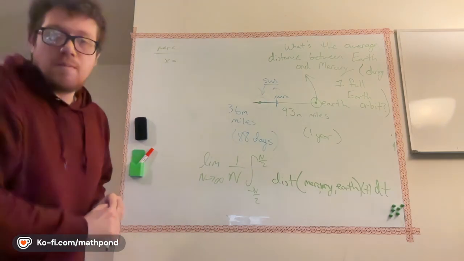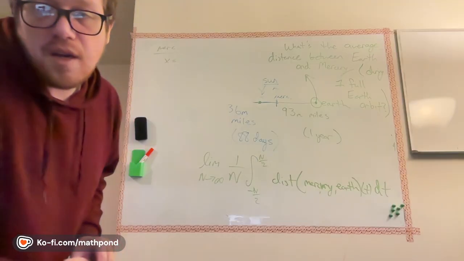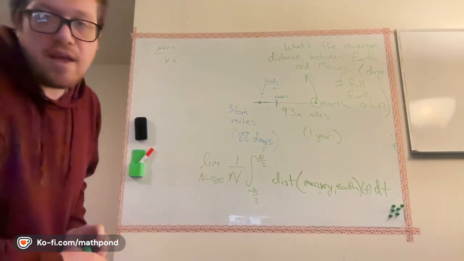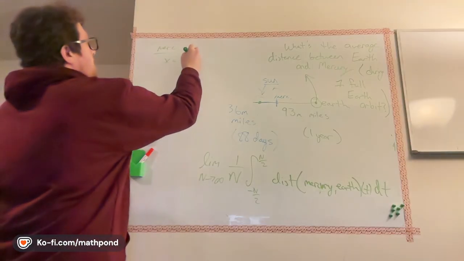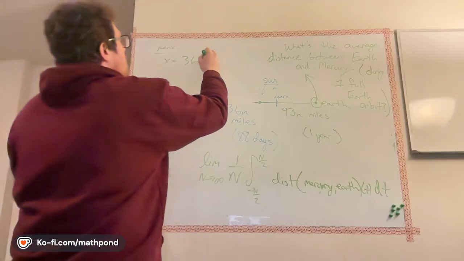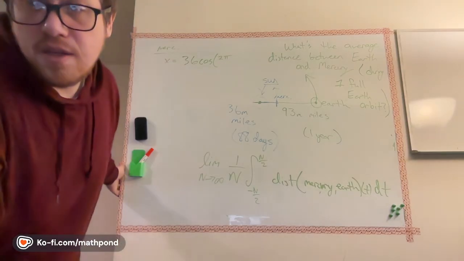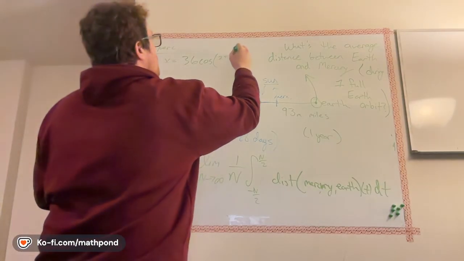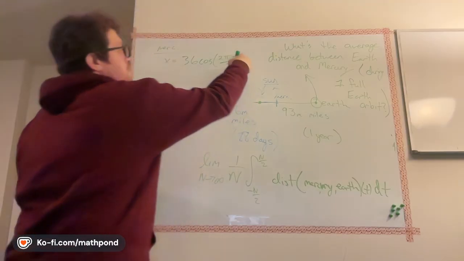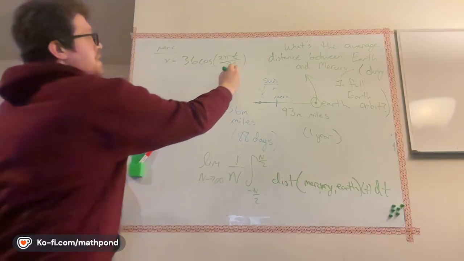So we're trying to parameterize 36 times cosine 2 pi t over 88. Yep. Cosine 2 pi t over 88. Yeah, so that if we do a full, wait. Is this for Mercury?